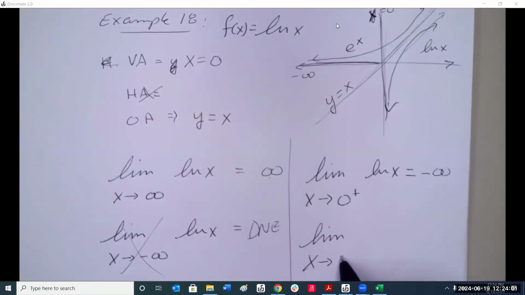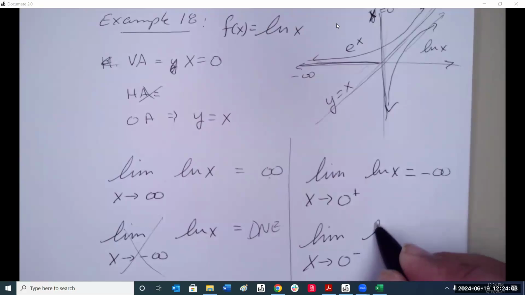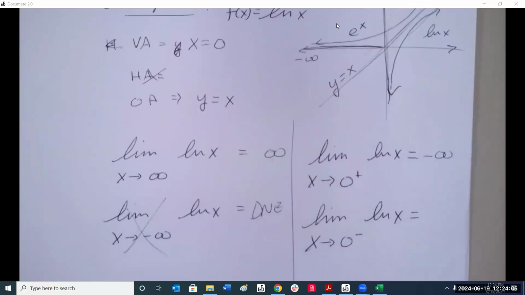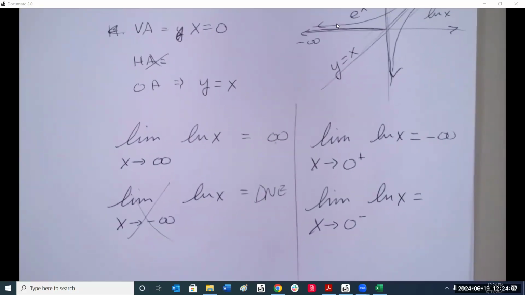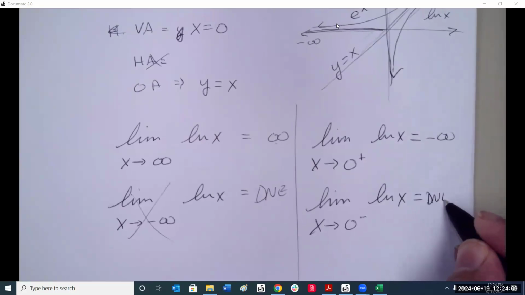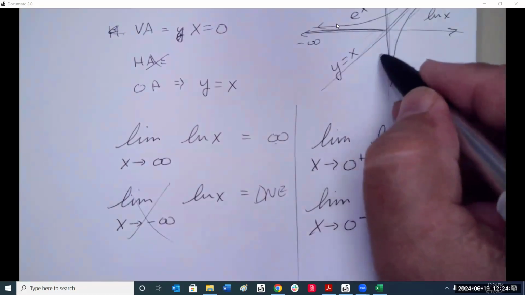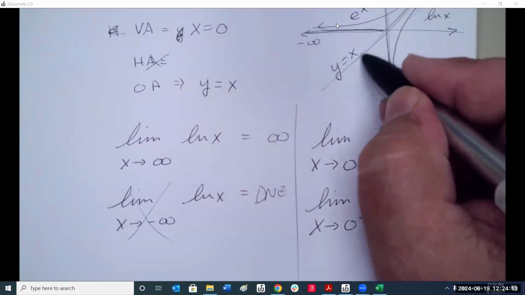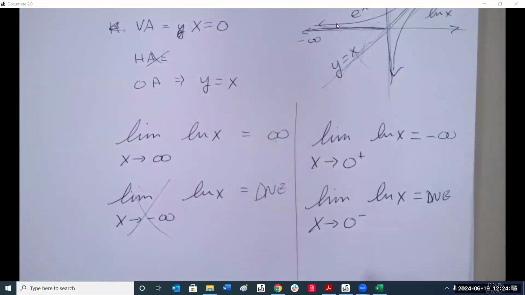Now how about that one? Does not exist. Because I can't use negative x's, I can't have a negative answer. Very good. Trick questions.